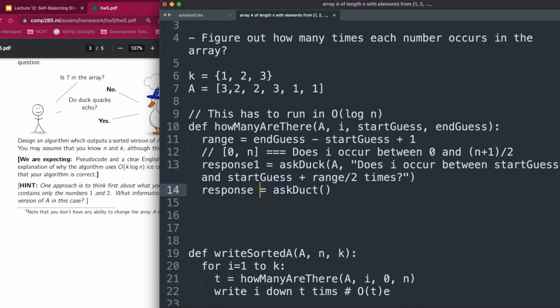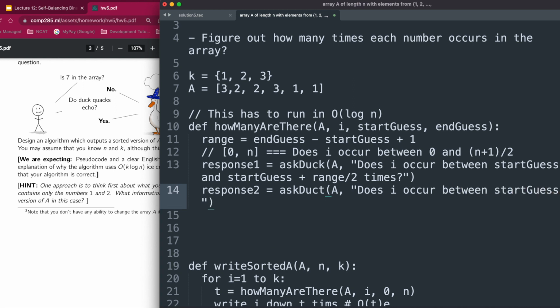So let's say this is response 1, response 2. We can give it A, and we can say, does I occur between start guess plus range divided by 2 plus 1 and n guess times.